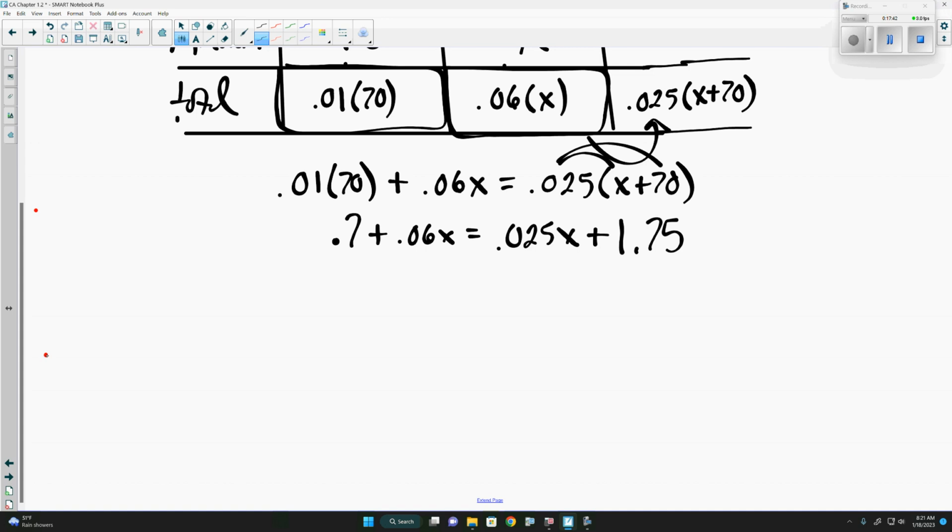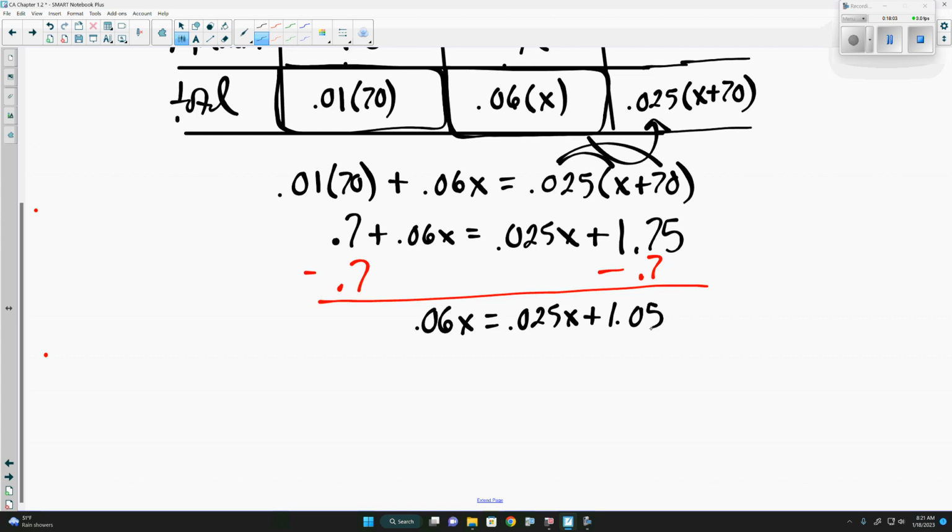Now again, at this point here, we do need to get x by itself, and we need to get the other numbers on the other side. So we can use our order of operation steps. So here we can subtract 0.7 from both sides. And if we subtract 0.7 from both sides, we'll get 0.06x is equal to 0.025x plus 1.05.